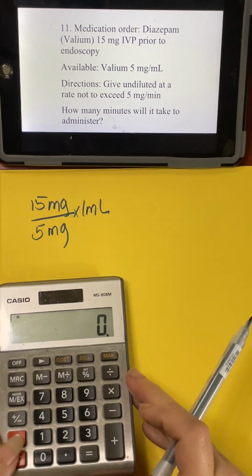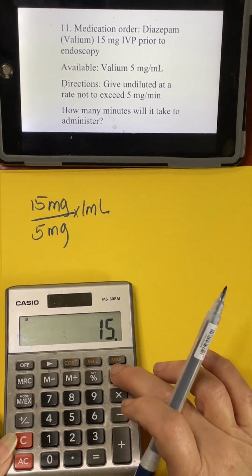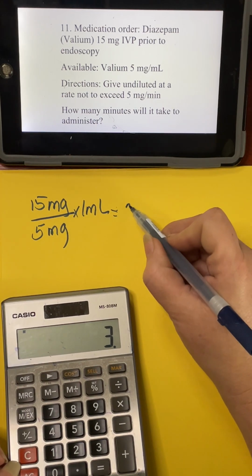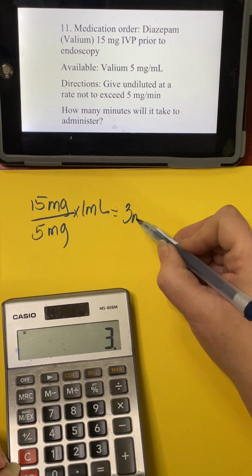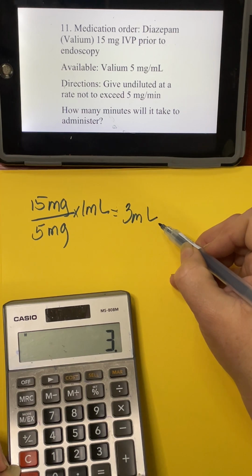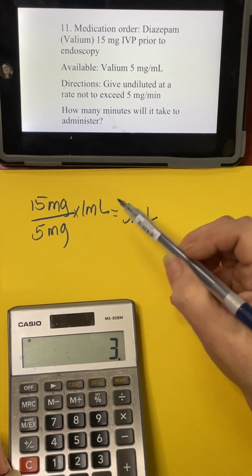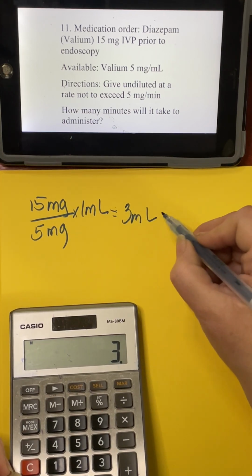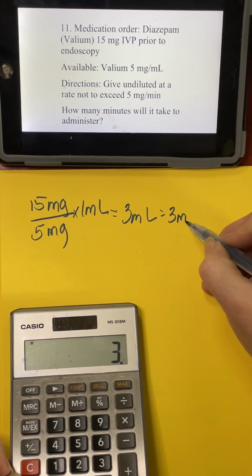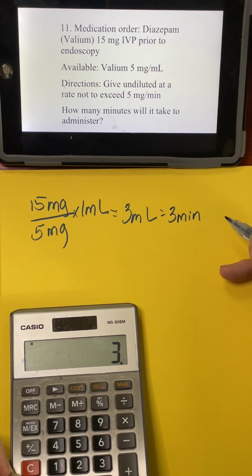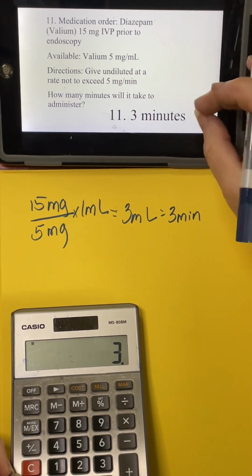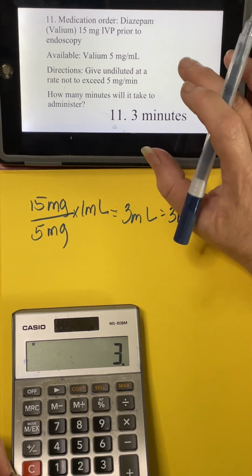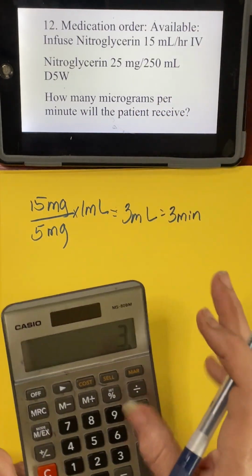So get your calculator and we're gonna go 15 divided by 5 equals, and it's going to be 3 milliliters, and each milliliter has 5 milligrams, and so that would take 3 minutes. Look, boom, we saved another one. Yeah, simply how we roll.